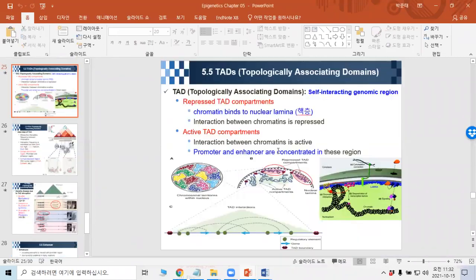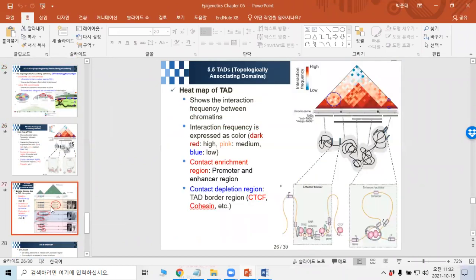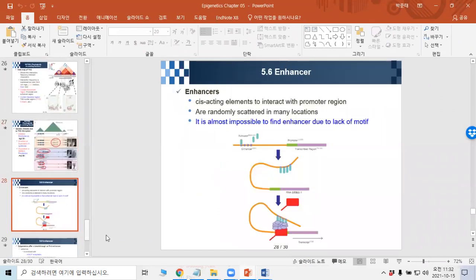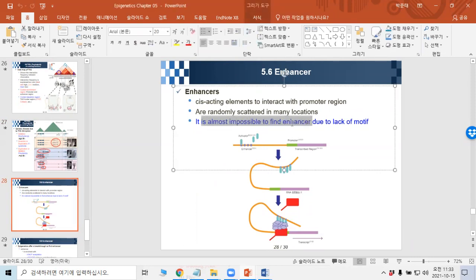And we also covered the TAD region, topologically associated domain, and finally we covered enhancers. As I mentioned earlier, an enhancer is a cis-acting element that interacts with the promoter region. It is almost impossible to find enhancers due to the lack of a motif.